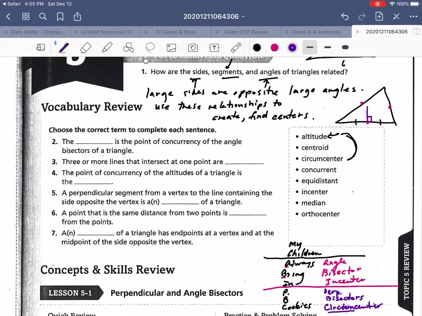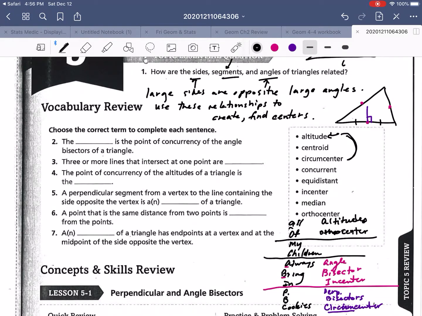It's all of my children. Yeah. That helps me remember that altitudes make orthocenters. If I have trouble remembering these, and I've taught it for 6 or 7 years, you can see why this little memory tool helps me out. Orthocenters.